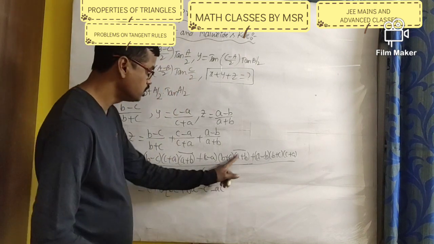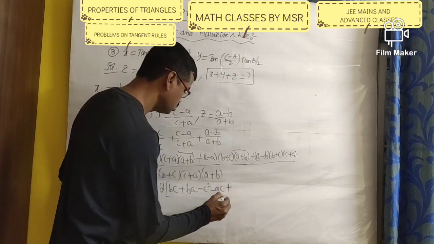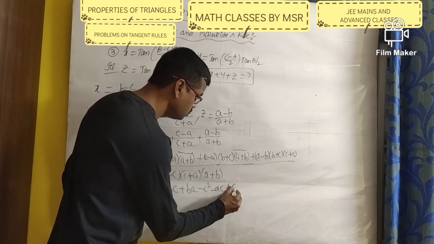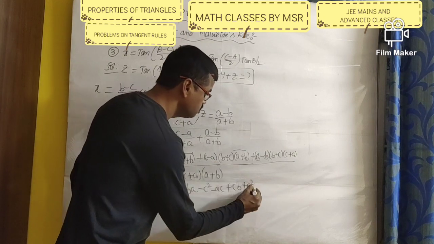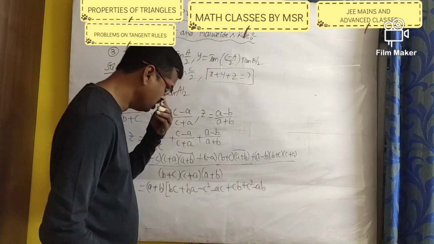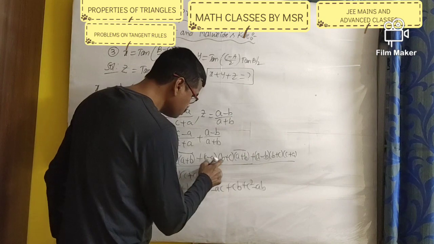Again, taking (a plus b) common, left with these two terms, so that also I will simplify: cb plus c square minus ab minus ac.